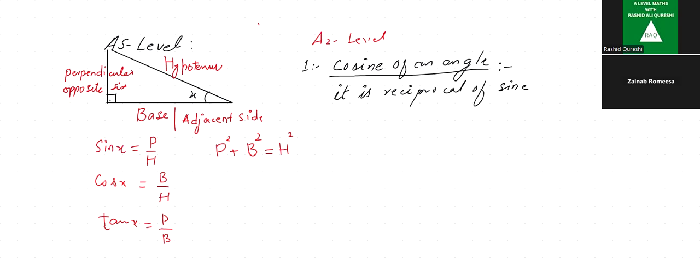I will explain over here. Cosine of x means, suppose that we have the cosine. Cosine is the abbreviation of the word over here. That is called the cosine.